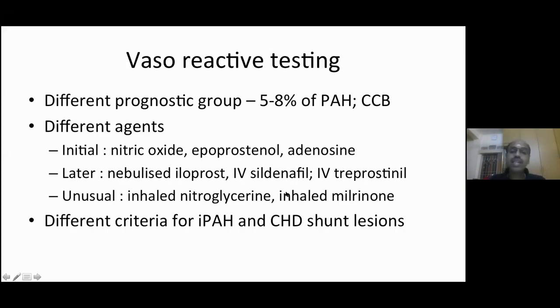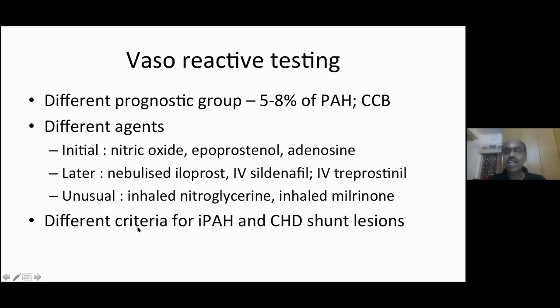In fact, in the literature you will also find inhaled nitroglycerin and inhaled milrinone being used for vasoreactive testing. So the basic principle is we give a particular vasoreactive agent, and still the first three agents are what are primarily recommended for vasoreactive testing in the cardiac catheterization laboratory.